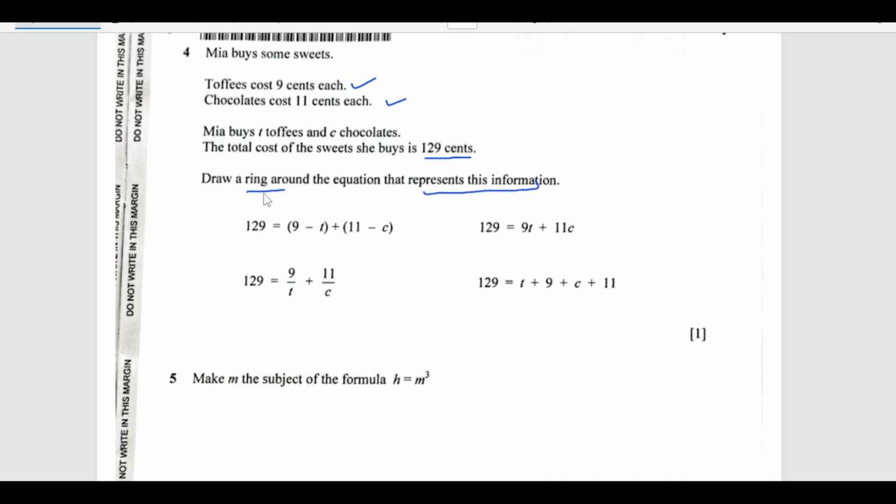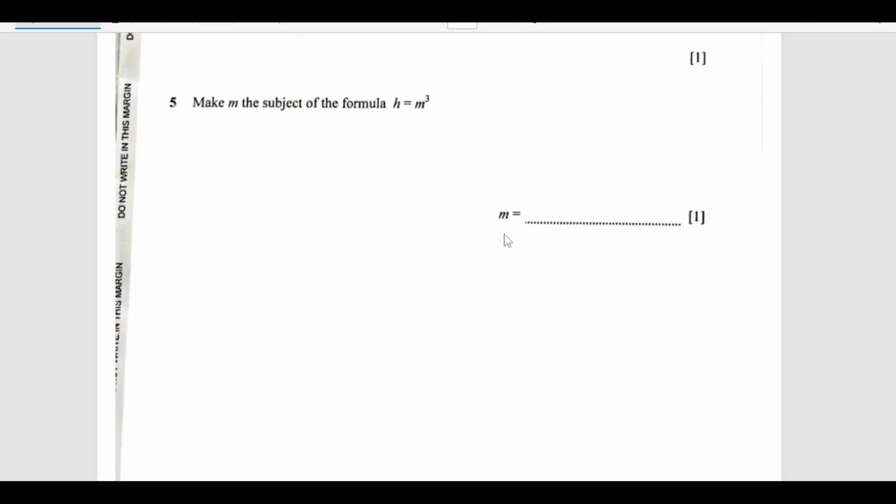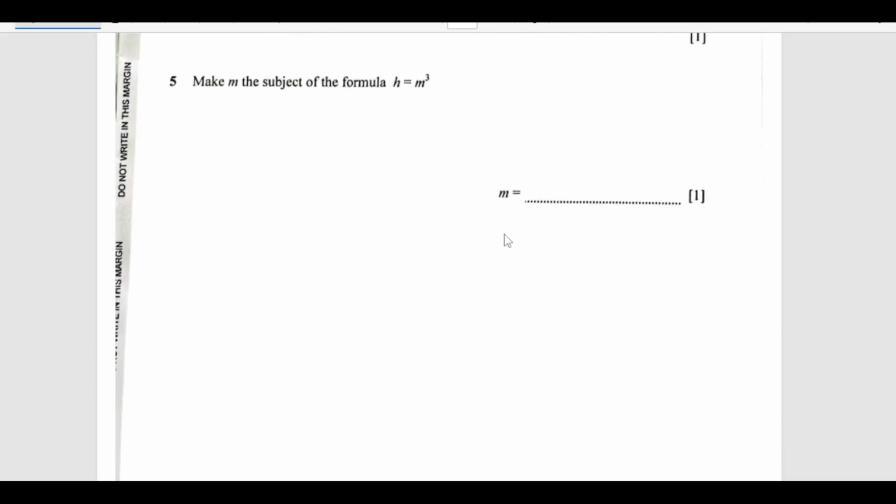Toffees are denoted by T and there are 10 toffees, so 90, right, and chocolates are 11, with notation C, so it is 11C. So, the total cost is going to be 90 plus 11C equal to 129. Where do you see this one here? We have this here, this is the equation that represents this information, right.